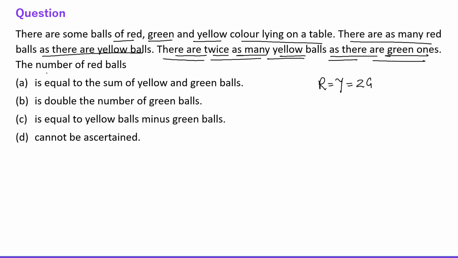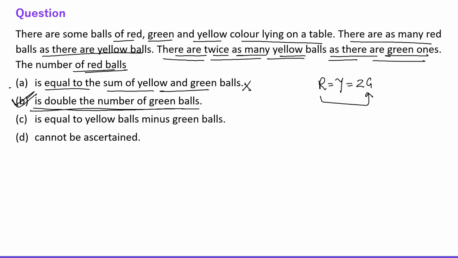Now the question is the number of red balls. The first option: equal to the sum of yellow and green. No. The number of red balls is double the number of green balls. Obviously red is double the number of green balls. This is correct. So B option is the correct choice. Now let's move to another question.